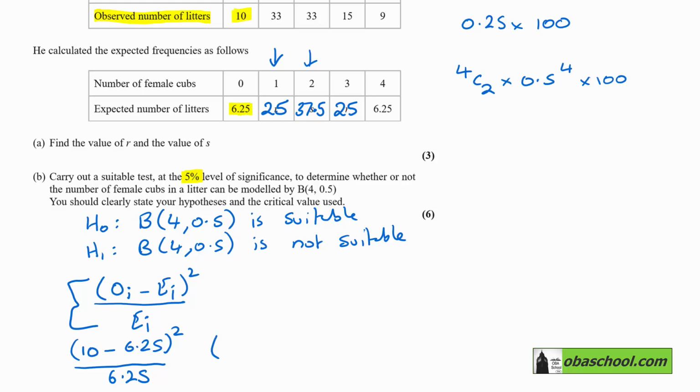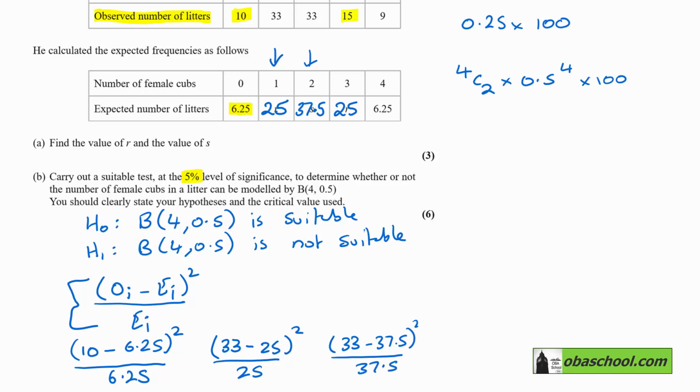The next value across is 33 in the observed and 25 in the expected. And then the next one is 33 take away 37.5 squared over 37.5. And then we continue like that.